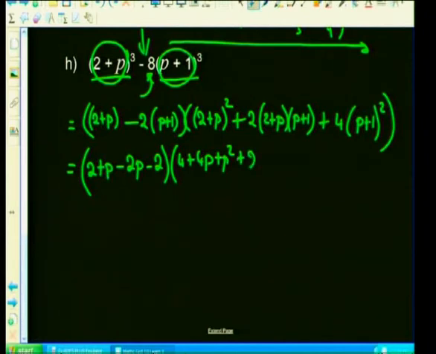Over here, I'm going to do it in 2 steps. I'm going to FOIL it out. 2 times p is 2p. 2 times 1 is 2. p times p is p squared. p times 1 is p. And shortly, I'm still going to have to multiply all that by the 2.